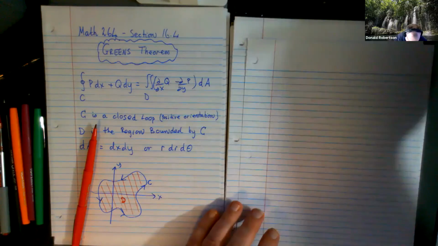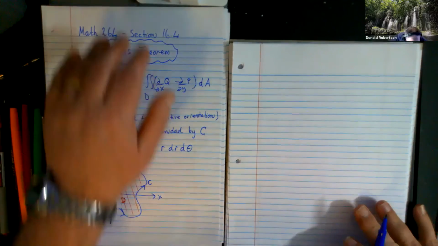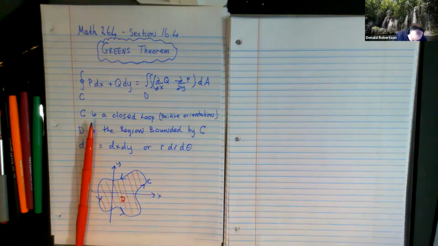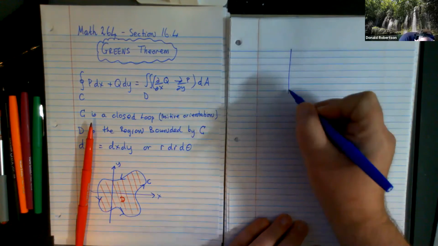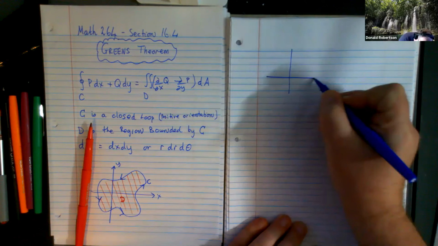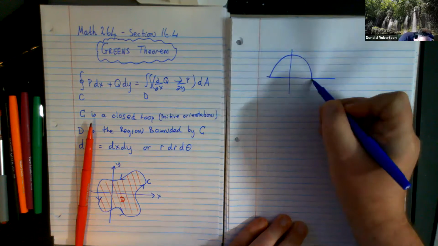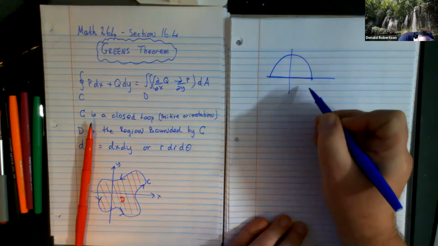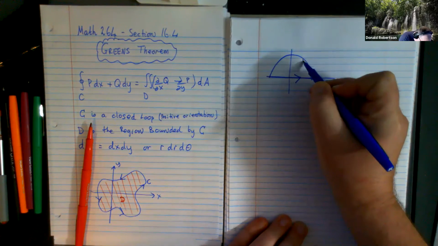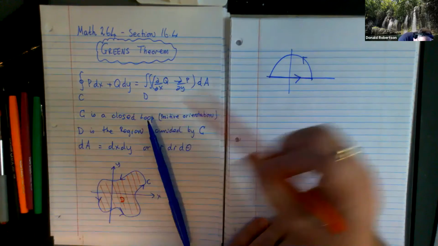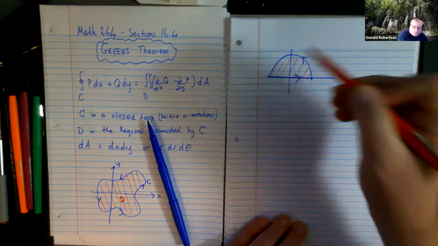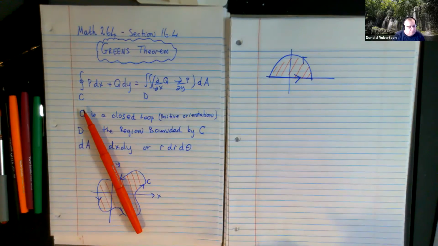Now, this is a side note, so it's not a specific question, but I want to show you how you can do a little fiddle. I want you to imagine that my closed loop generated, say, half a circle. Right?